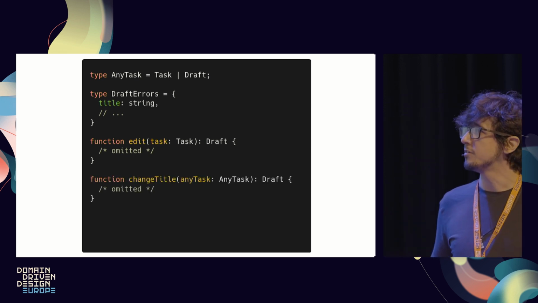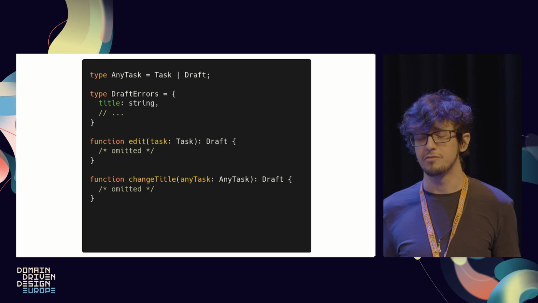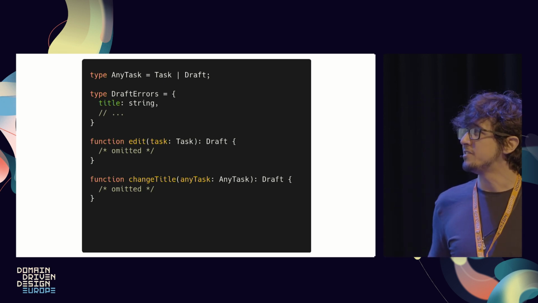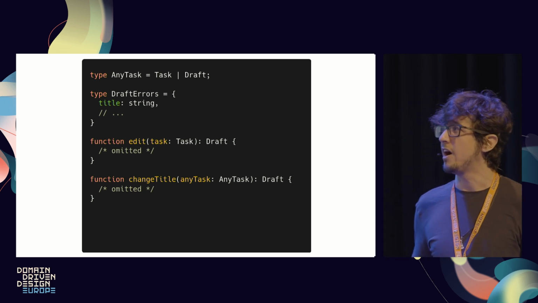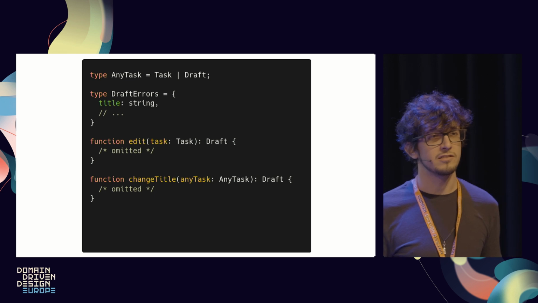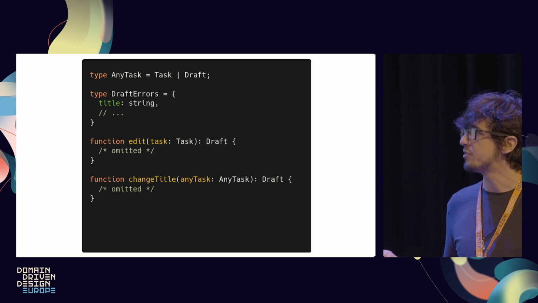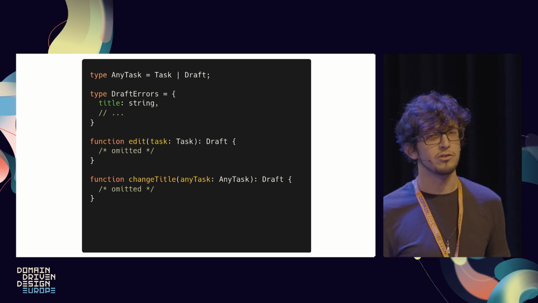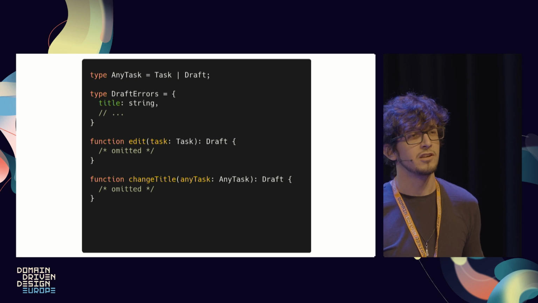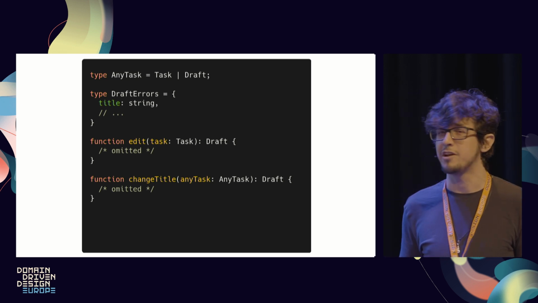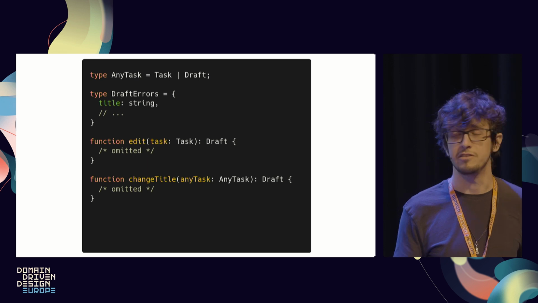So, for example, in this change title example, even though you can receive either a draft or a task as an argument, what you're going to return is always a draft, the permissive aggregate. And you're only going to transform it into a validated aggregate once the backend says that it's validated.